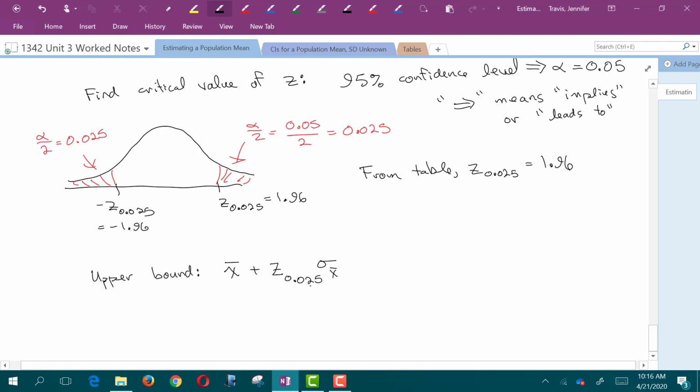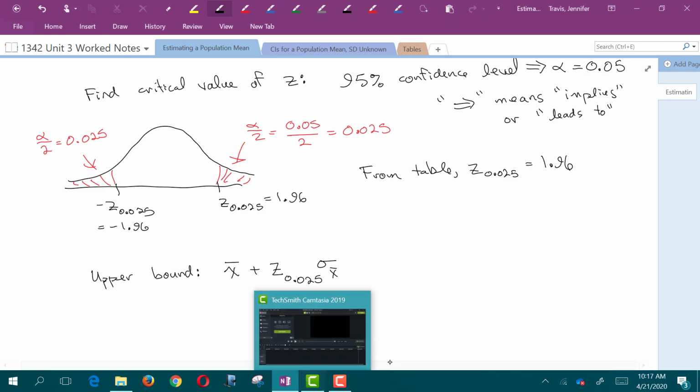You're going to hear me say that over and over again all throughout this chapter and the chapter on hypothesis testing. We're going to take our point estimate, add the multiplier times the standard error. That works for all kinds of statistical tests. It's the same general principle for all of them.